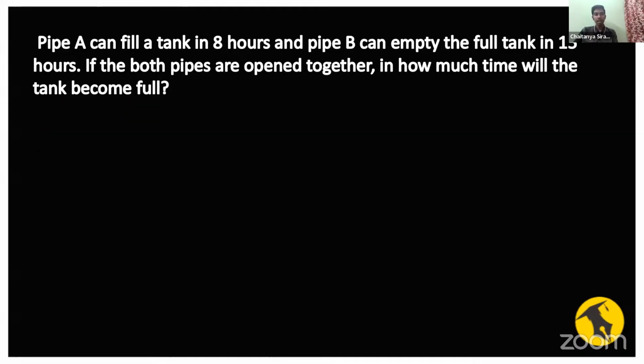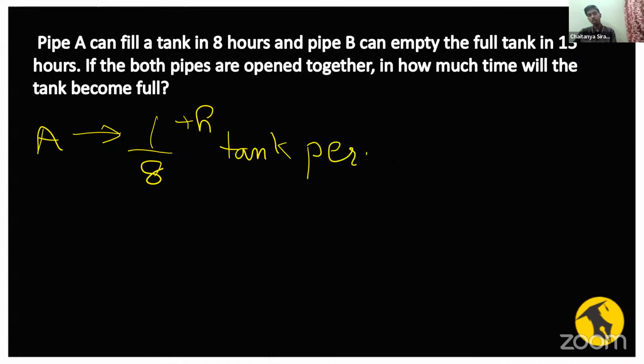Okay, pipe A can fill the tank in 8 hours, so its rate or efficiency is 1 by 8 of tank per hour. And for B, it is 1 by 15 tank per hour.